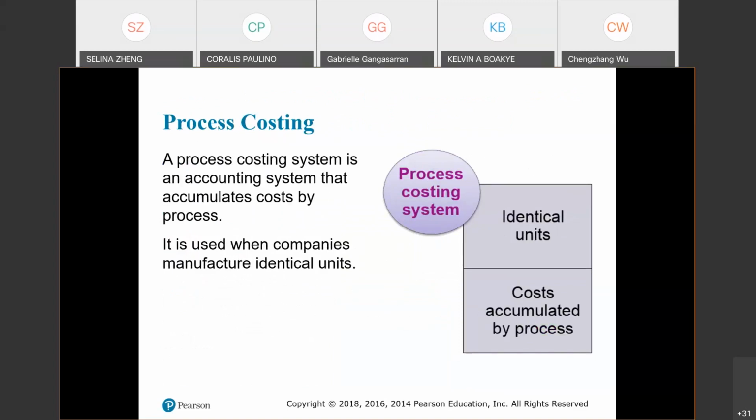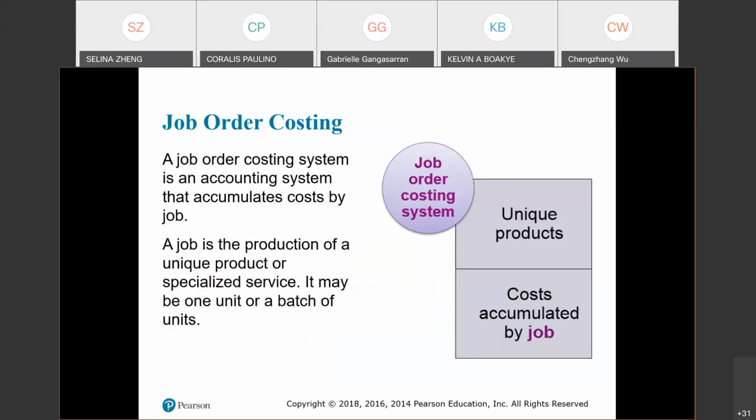So, first of all, let me introduce the primary difference between these two different costing methods: job order costing and process costing. For job order costing, some companies manufacture batches of unique products or provide specialized services.